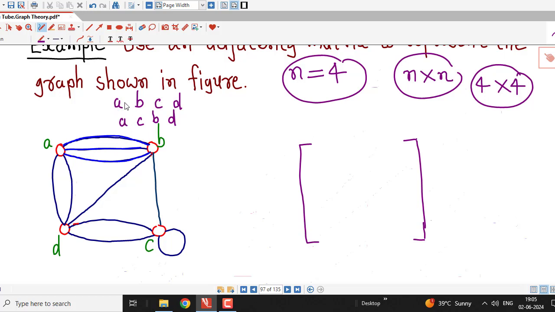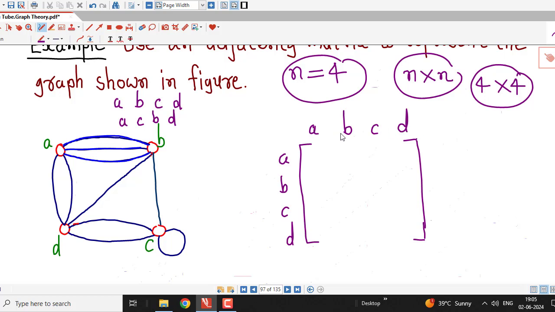Out of those several possible orders for listing the vertices, we have to determine which order we want to use. For different listings of vertices, we will have different adjacency matrices for the same graph, and all are valid.